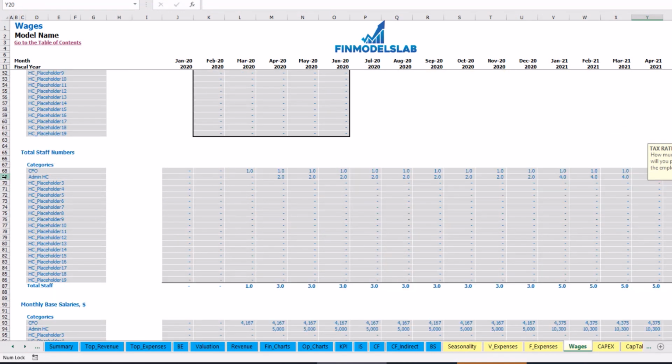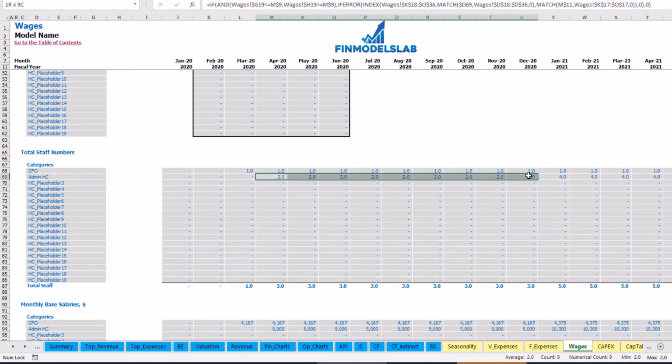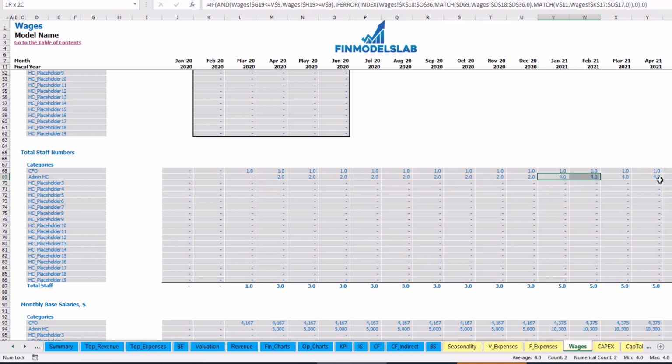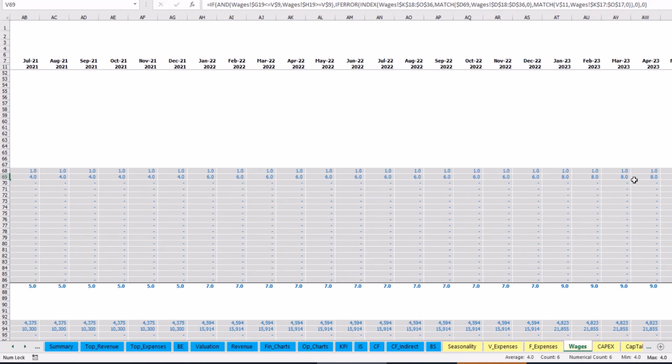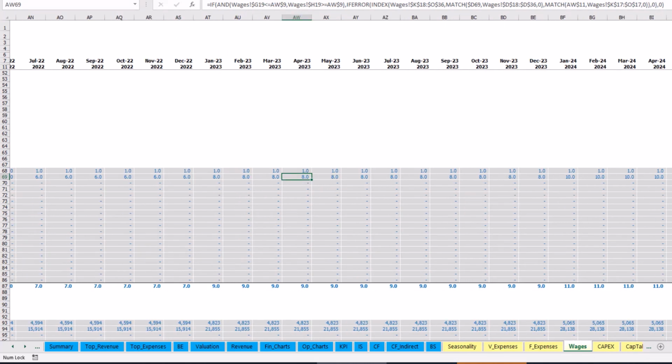Here you may see total staff numbers, which is 2 for year number 1, 2020. Starting from year 2021, you'll have 4, then 6, 8, and 10 in the last year of the model.